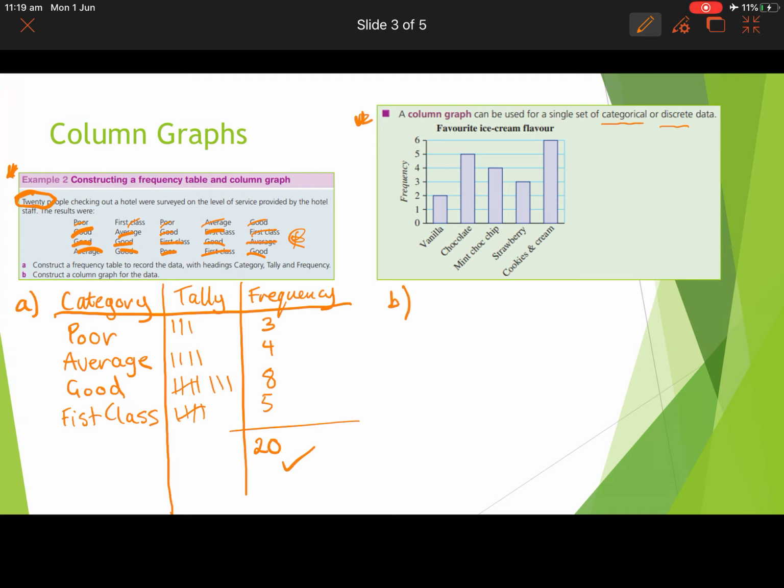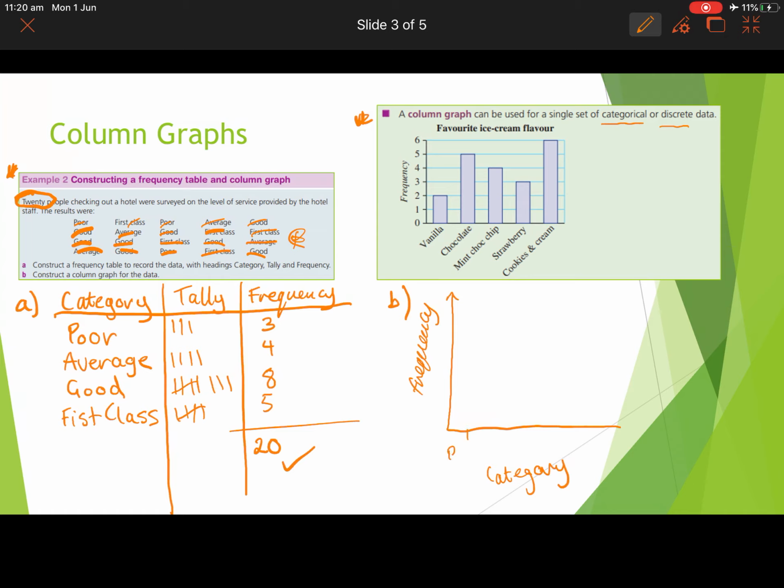Now, B says construct a column graph for the data. So with the column graph, we have this axis and this one. Okay. The one on this side is our frequency, and the one down the bottom here is the category. All right, so down here we're going to write our categories.